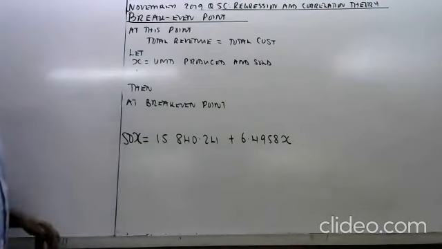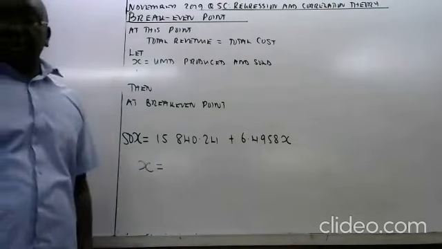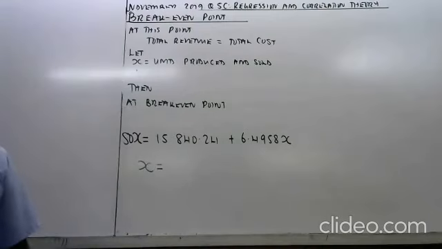It should be equal to our total costs. So from there, tell me X is supposed to be how many units?